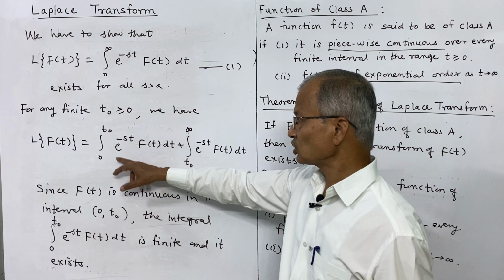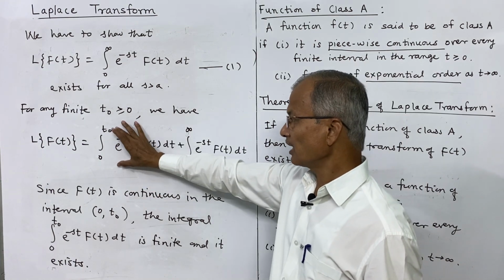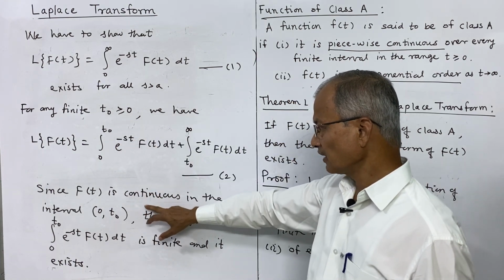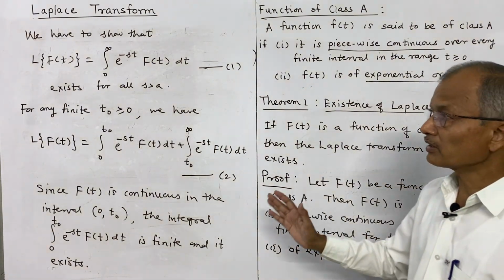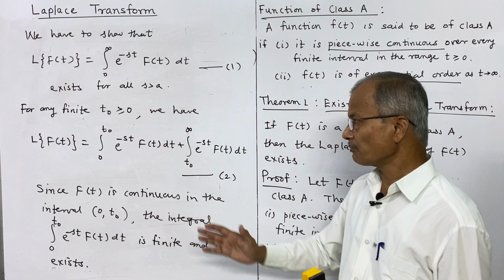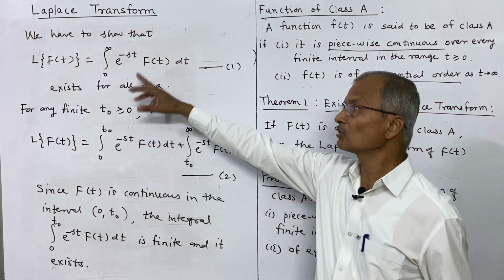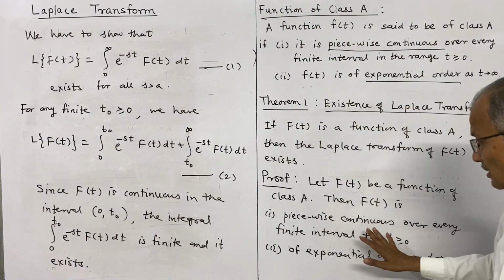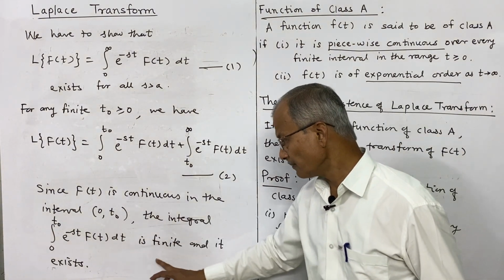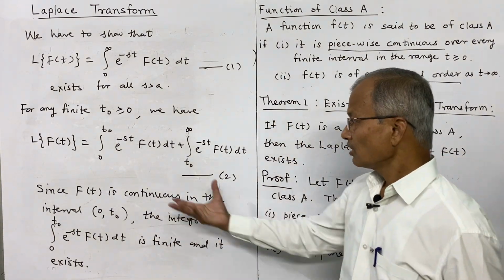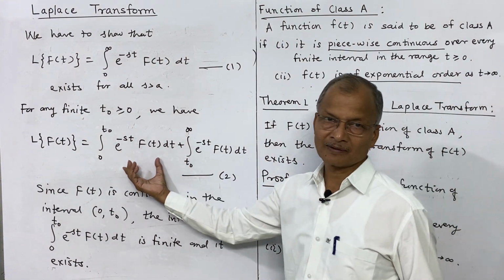Because this t naught is finite, we have assumed, the interval becomes finite, and therefore the function is continuous by this condition. The total interval is 0 to infinity, and this is a subinterval of 0 to infinity, and the function is continuous in that subinterval, and because of continuity the integral is finite. So this integral is finite.